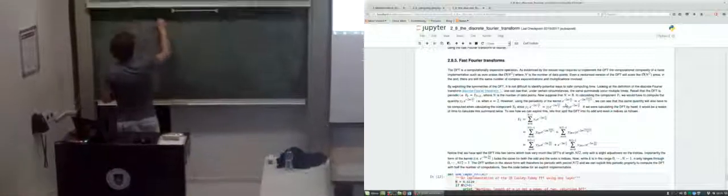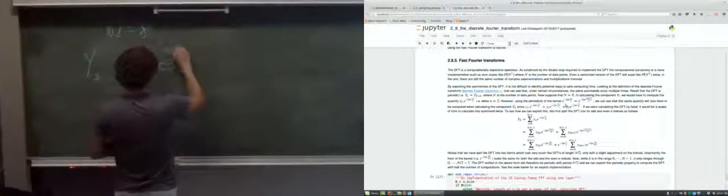So let's say I have a problem where I've got 8 points. Okay. And I want to compute y2. Okay, what I'm going to get is y2 minus 2i, and n is 2, and k is 2, and, well, is 8 in this sense.